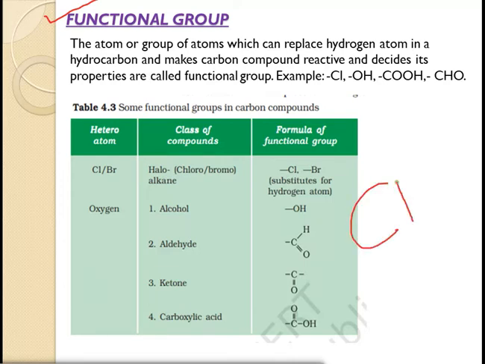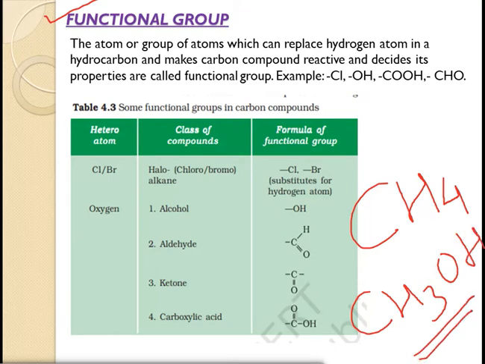For example, I have a hydrocarbon or carbon compound called CH4. If I replace one of the hydrogen atoms with OH, meaning alcohol group, then it will become an alcohol. Right? So this OH group has changed the property of this hydrocarbon, CH4.